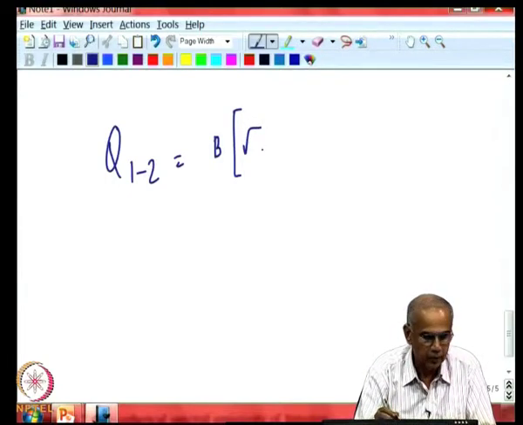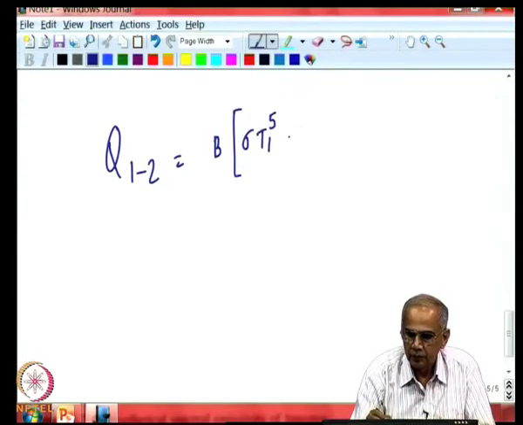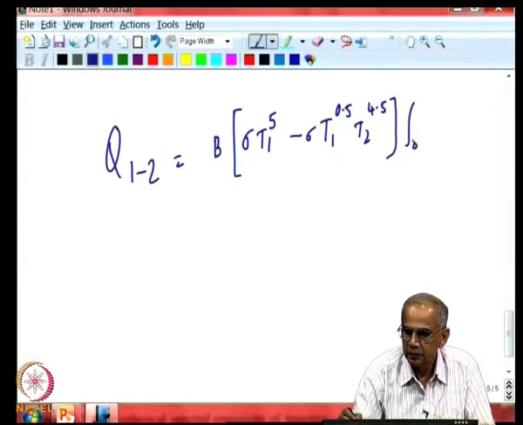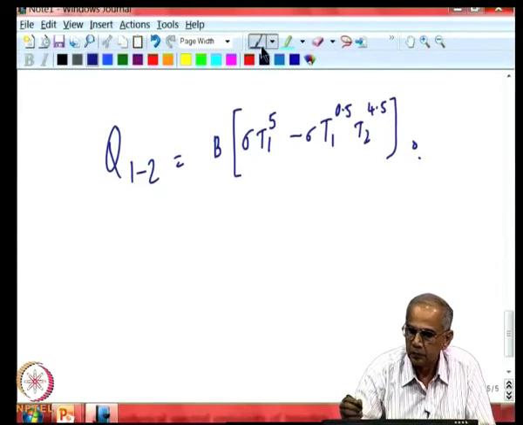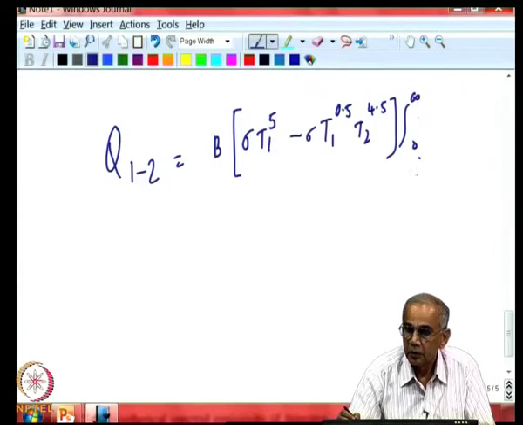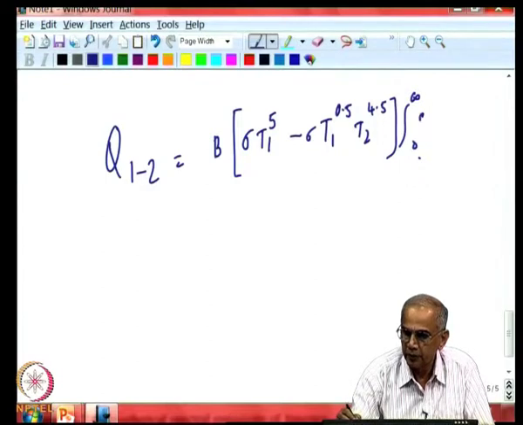T 1 to the power of phi sigma minus T 1 to the phi sigma here, T to the power of 4.5, and what you have inside is an integral from 0 to infinity, this integral which is a function only of lambda t, d lambda t.